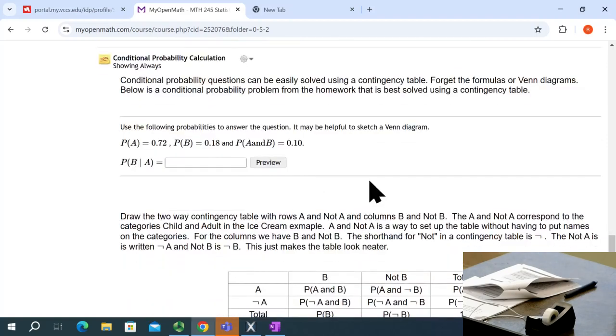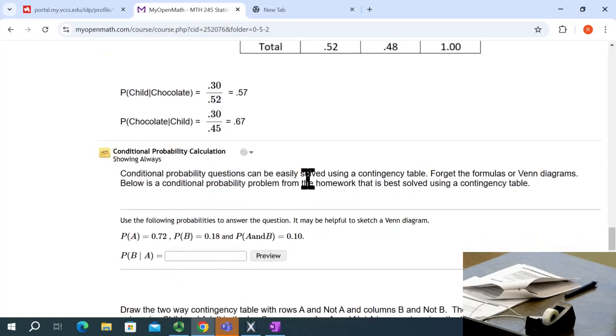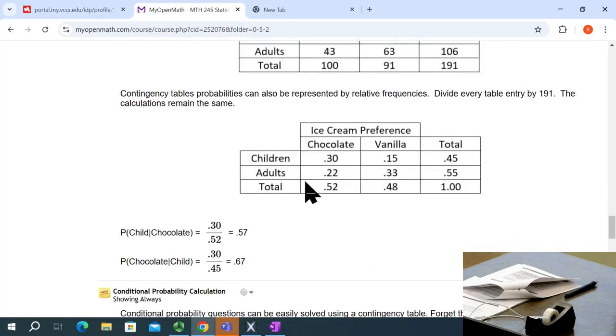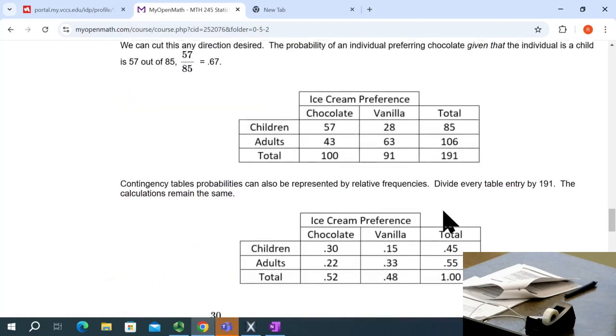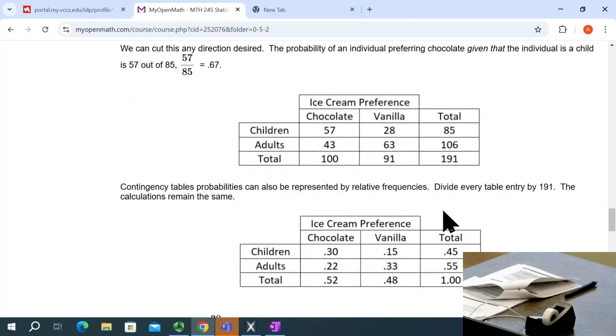And what's the difference between this contingency table versus the one above? Like this one looks like it's set up, it's got the decimals and percentages. Divide each one of these entries by 191. Okay. Right, so I should have been more clear about that.